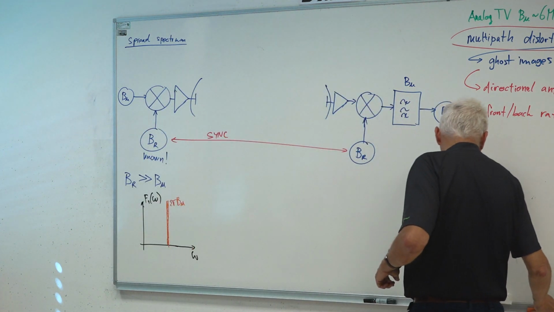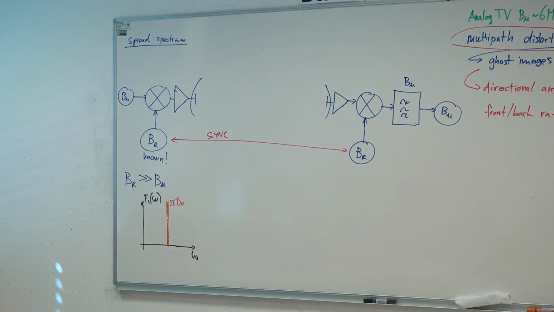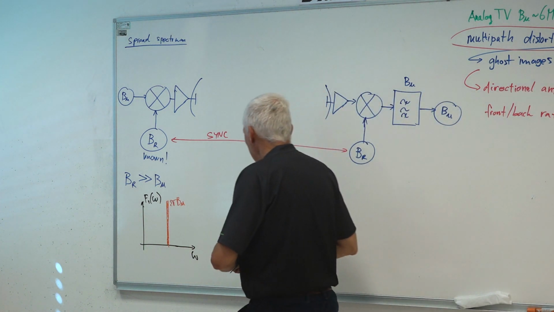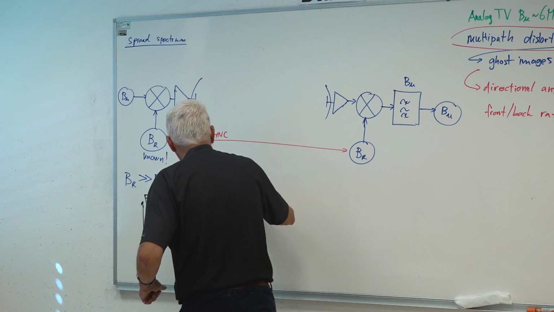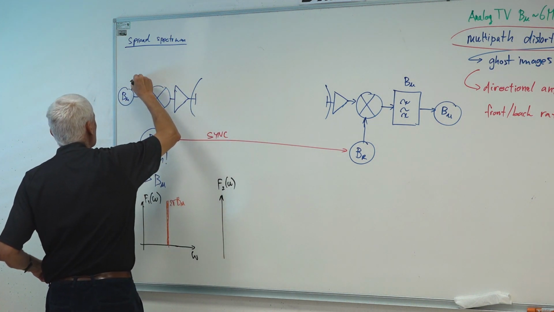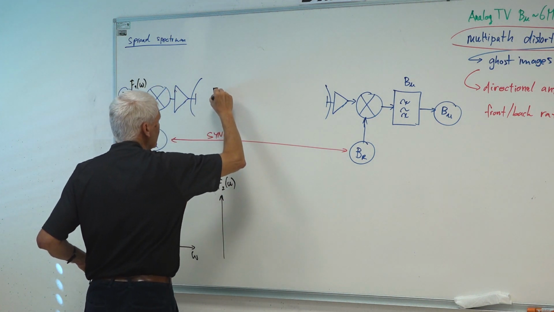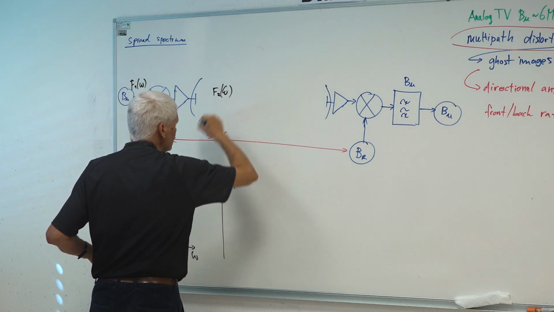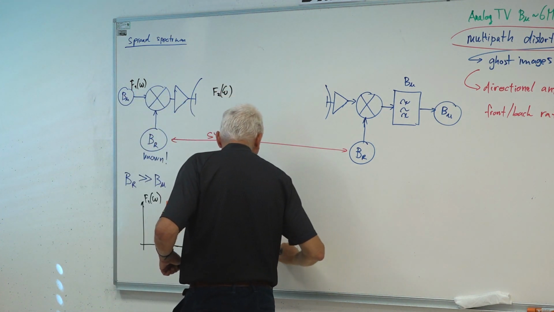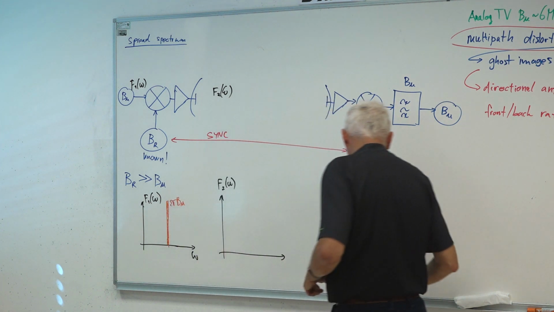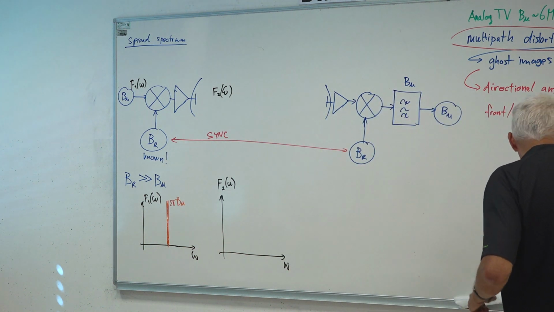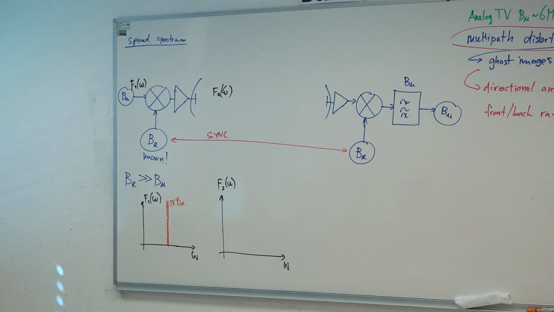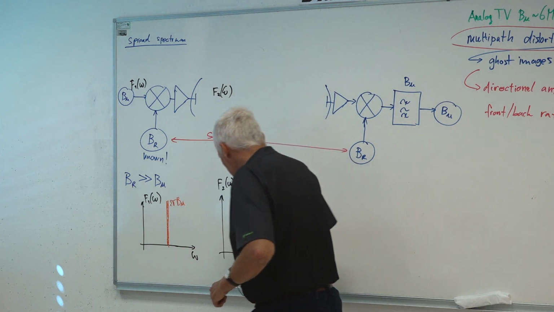Now, as we intentionally spread the spectrum, we get to f2 of omega. So f1 of omega was here, f2 of omega is here, in the BR. We actually get a much broader signal. It seems it does not make much sense, really, what I'm talking about. So here I get a much broader signal.